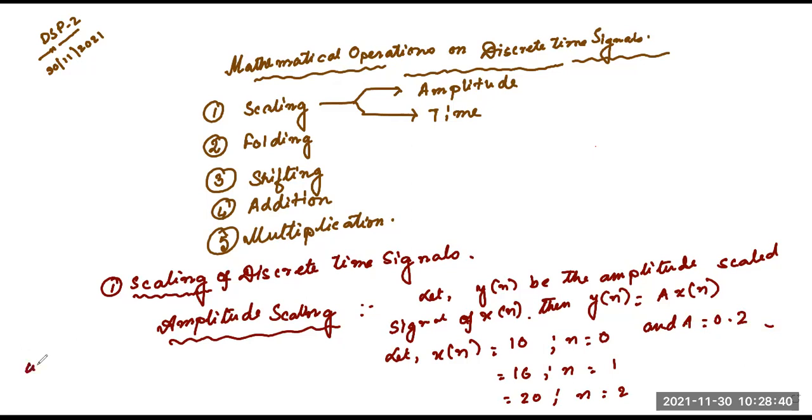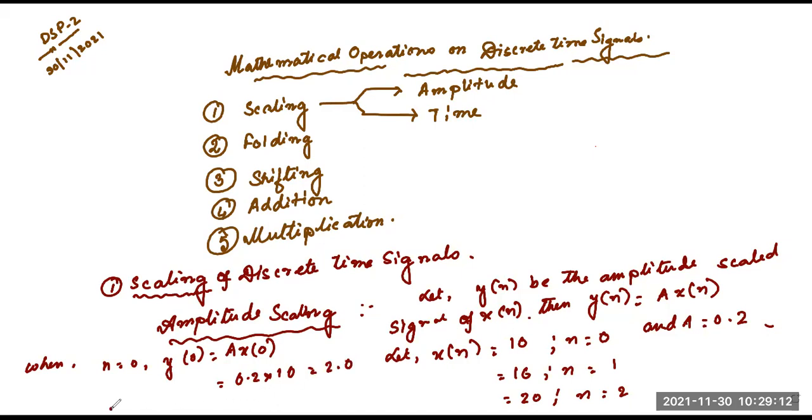So when n equals 0, y[0] equals A times x[0], that is 0.2 into 10, that is 2.0.